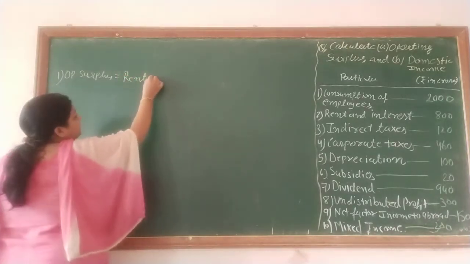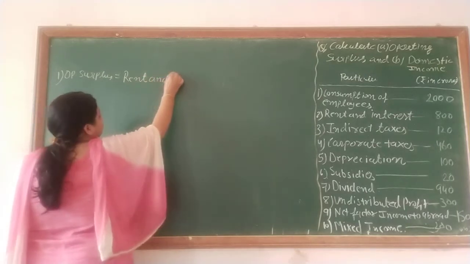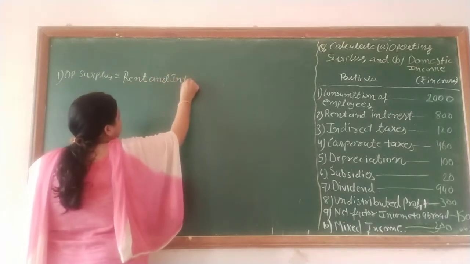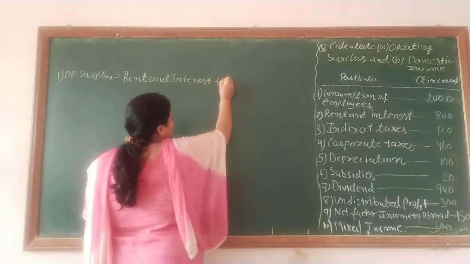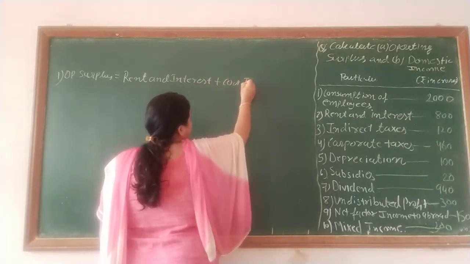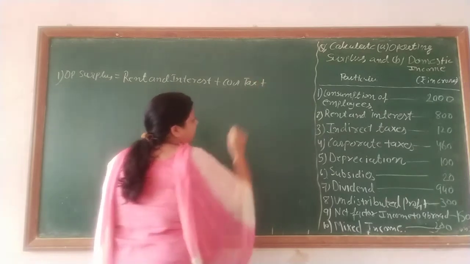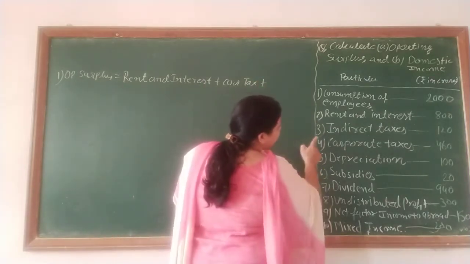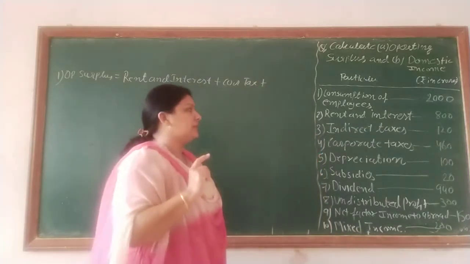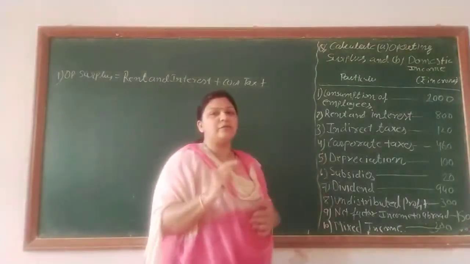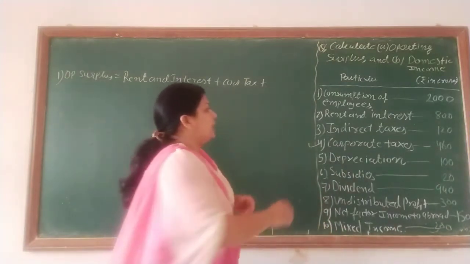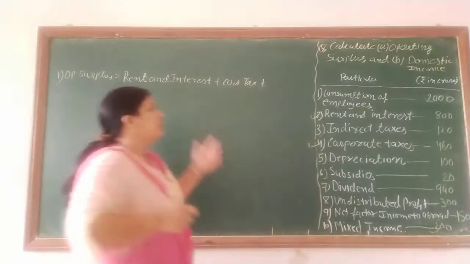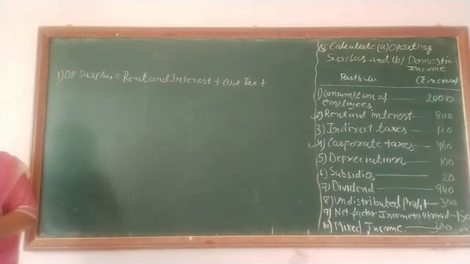Rent and interest plus corporate tax, plus these two. Not indirect tax, indirect tax is different. Corporate tax is a part of your profit, that's why. So corporate tax, then rent and interest. Now next is what?